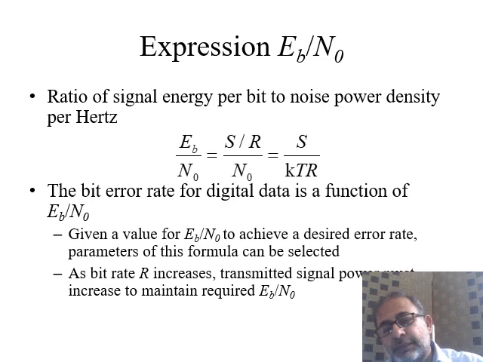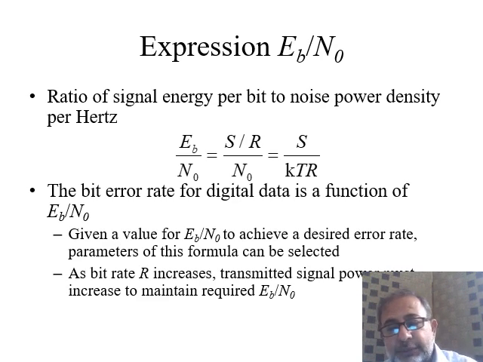Here S over R means signal power per bit, and R is the rate in bits per second, whole divided by N naught. N naught is the noise power. So it becomes S over KTR, right? If here we are considering that R is equal to B, which means that 1 hertz is equal to 1 bit per second here, since R was taken in bits per second.